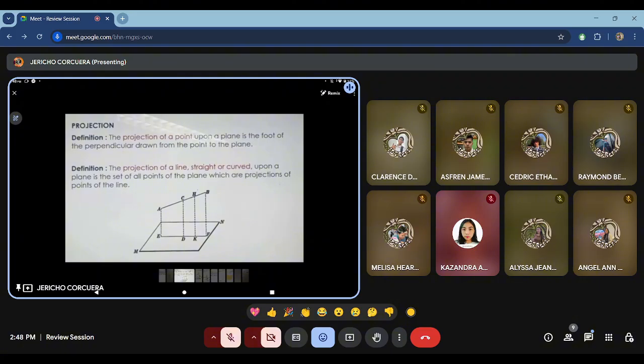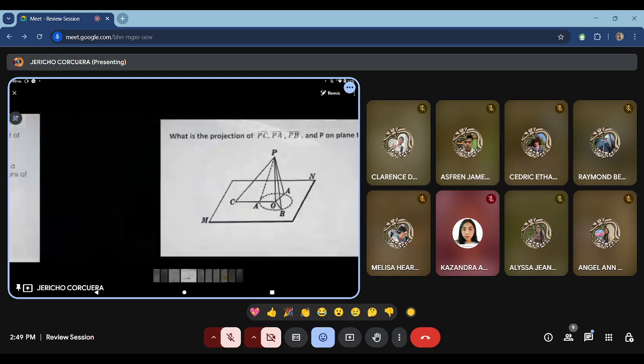So we have line AB. The projection of line AB is the line on the plane, the set of all points of the plane that are projections of points of the line. So you can see that the projection of line AB is the line on the plane, which is EF, the line on plane MN.